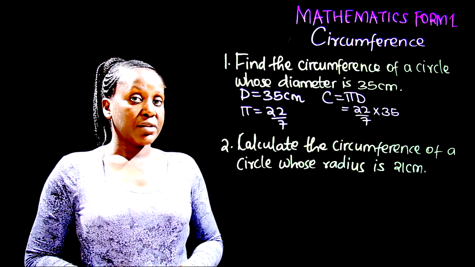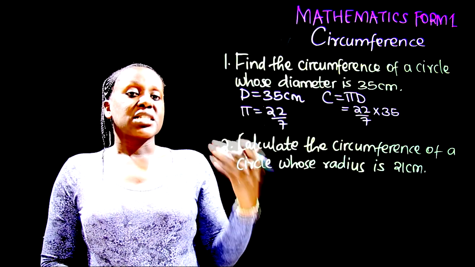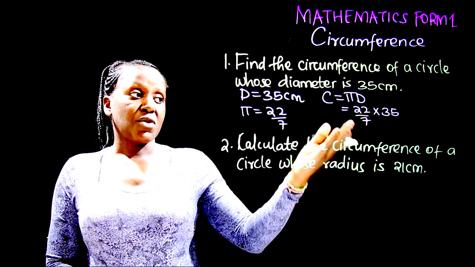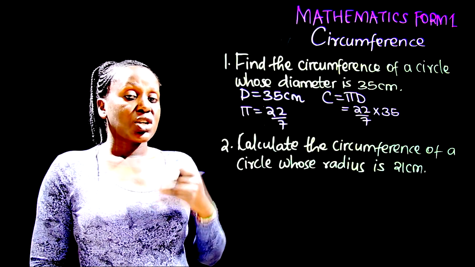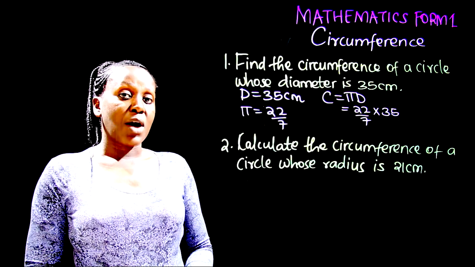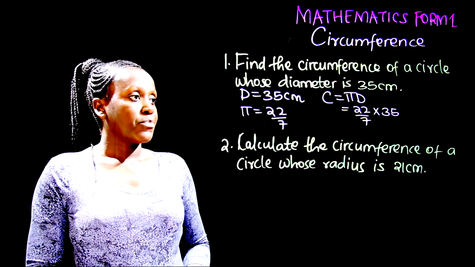Since 35 is divisible by 7, it is better to use 22/7 than 3.142. If the question specifies that you use 3.142, then please follow the instructions in the question.